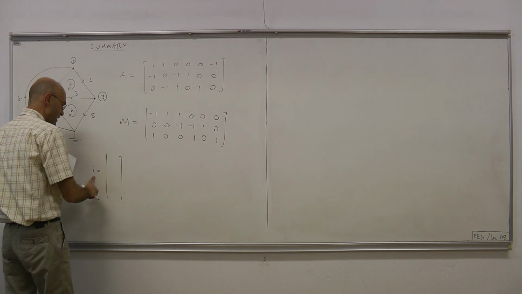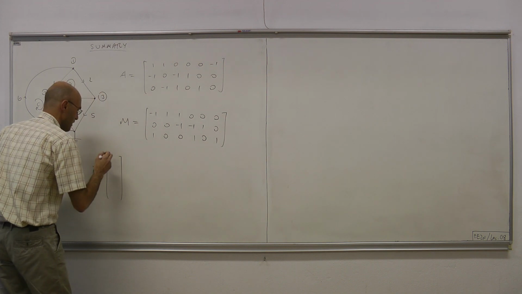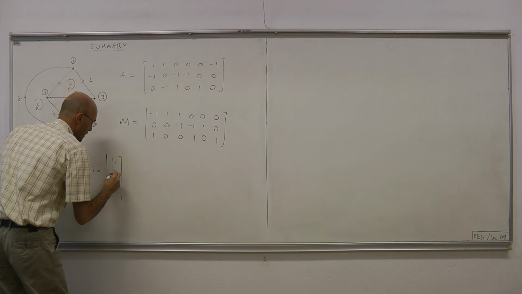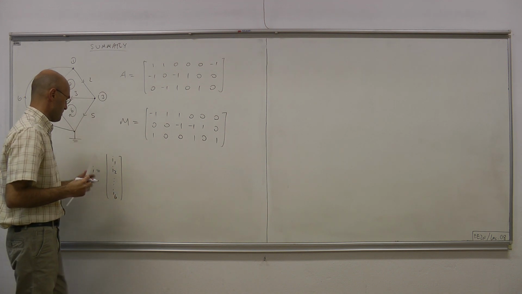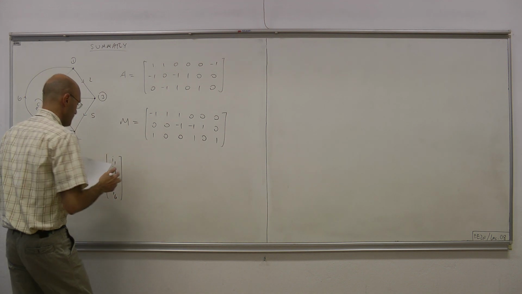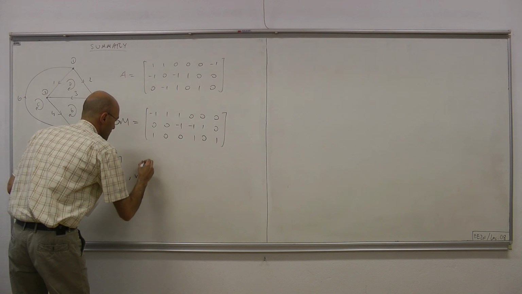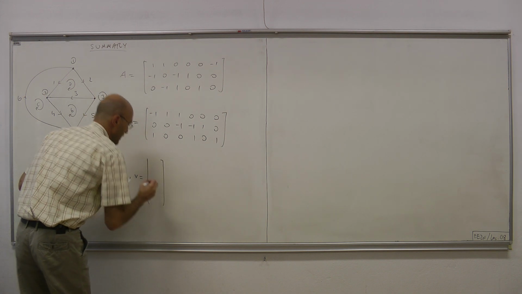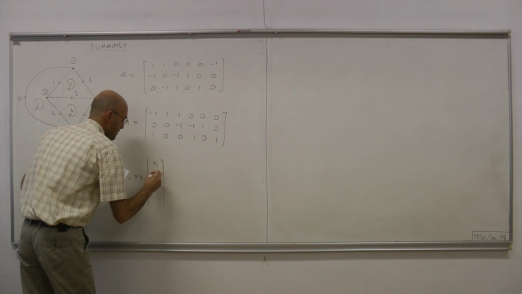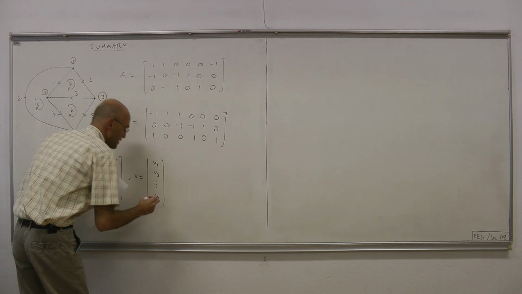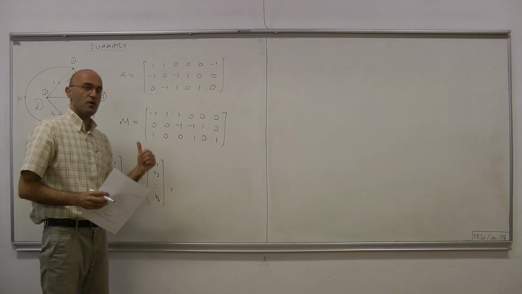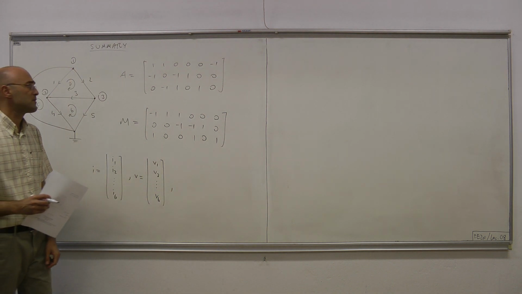This is a vector of size 6, and we have I1, I2, I3, I4, I5, and I6. That's our branch current vector. Likewise, we had the branch voltage vector V1, V2, V3, V4, V5, and V6. So those are the branch current and branch voltage vectors.